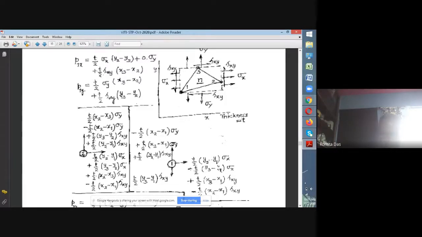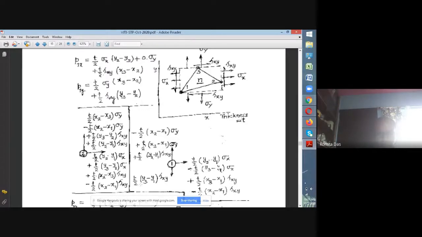Finally, if you sum up the load at node 1, the load in the x direction consists of just 3 terms: t by 2 into sigma x, y2 minus y3, plus 0 into sigma y, plus t by 2 tau xy multiplied by x3 minus x2.